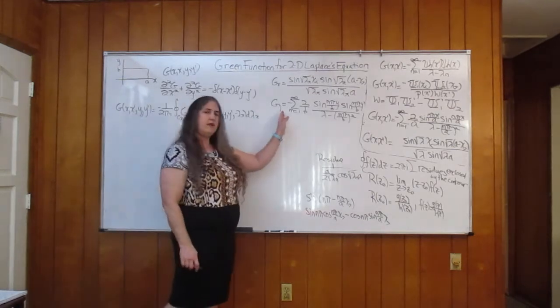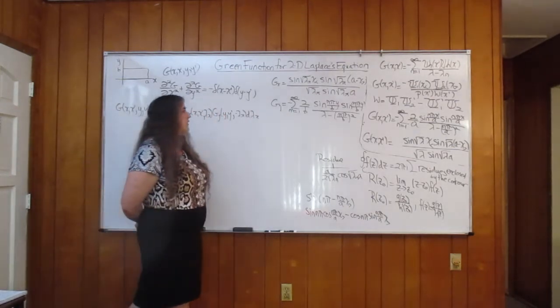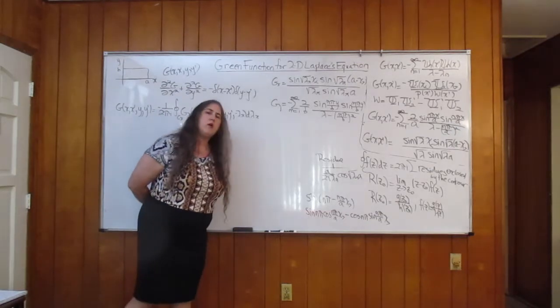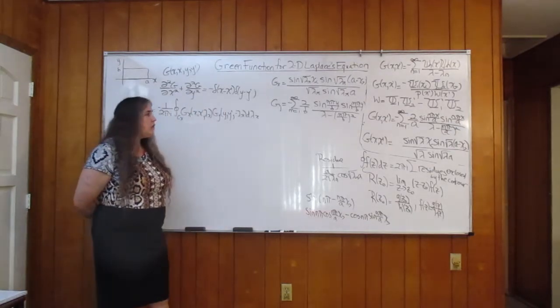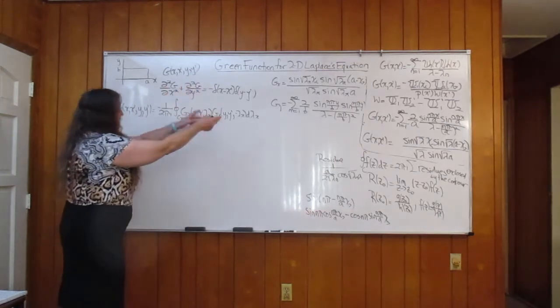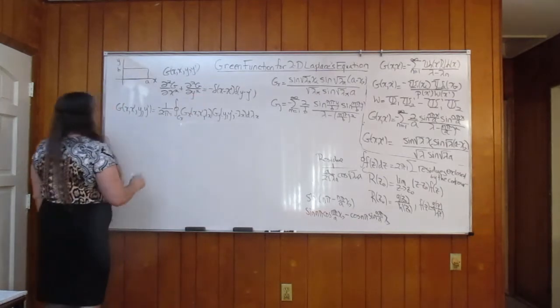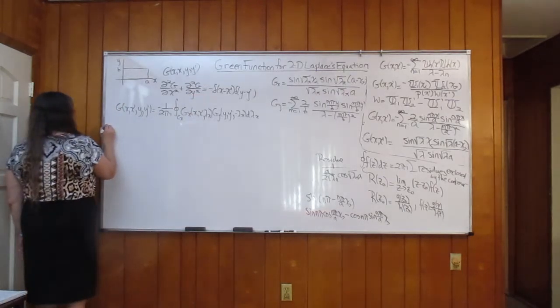So g of y, in this case, is equal to minus summation m equals 1 to infinity, 2 over b sine m pi y over b sine m pi y prime over b, all over lambda minus m pi over b squared. So I'm going to plug this into my contour integral along with the same g of x.